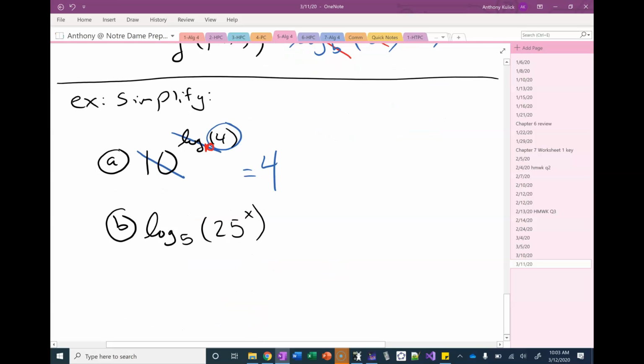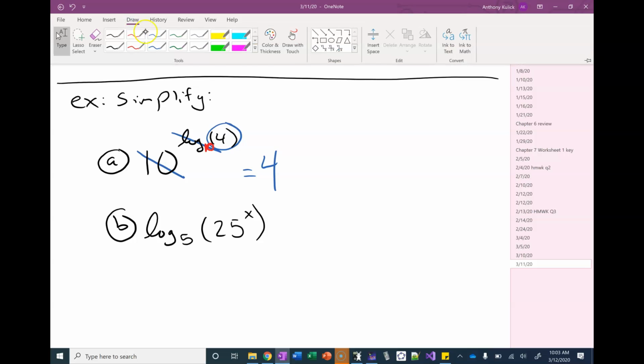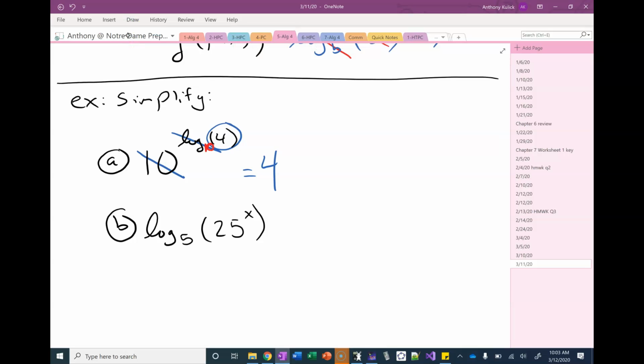So let's say we have log base 5 of 25 to the x. What is the base on my logarithm? It's 5. What's the base on my exponential? 25. Can these two cancel out as they're currently written?